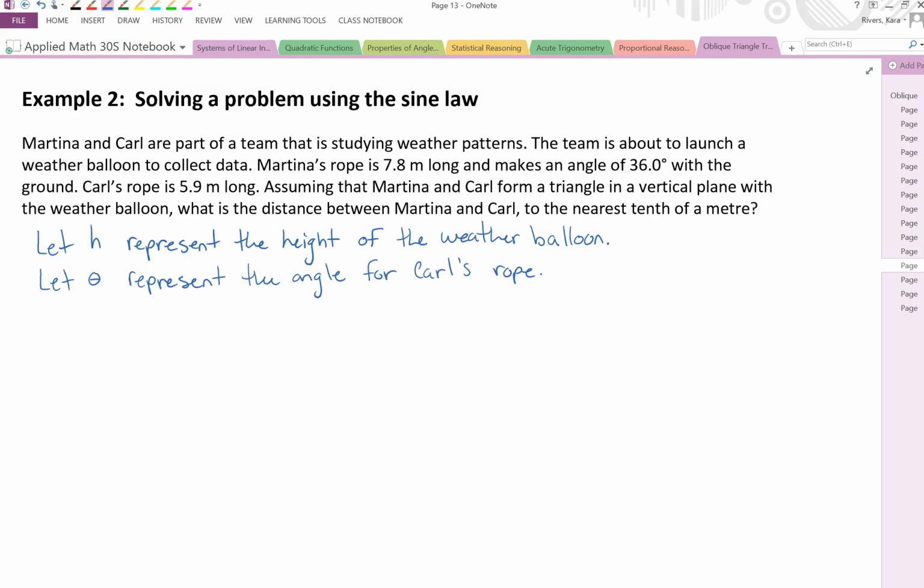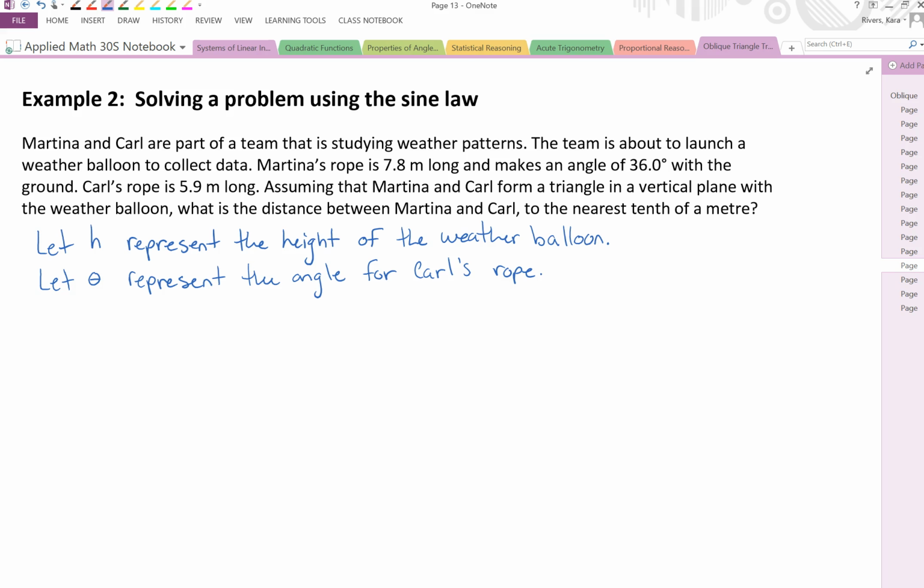Because I'm introducing some variables here, let's let h represent the height of the weather balloon, and let's let theta represent the angle for Carl's rope. But there is some ambiguity as to where this rope is going to go.